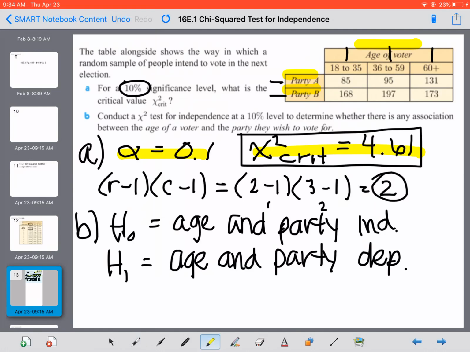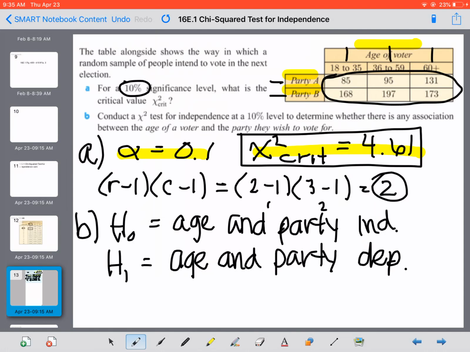So now we need to make our observed and our expected tables so that we can then run chi-squared on our calculator. This table right here is our observed.